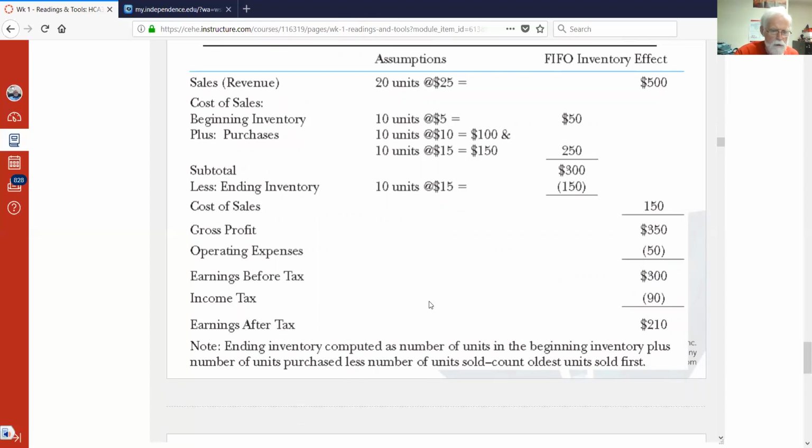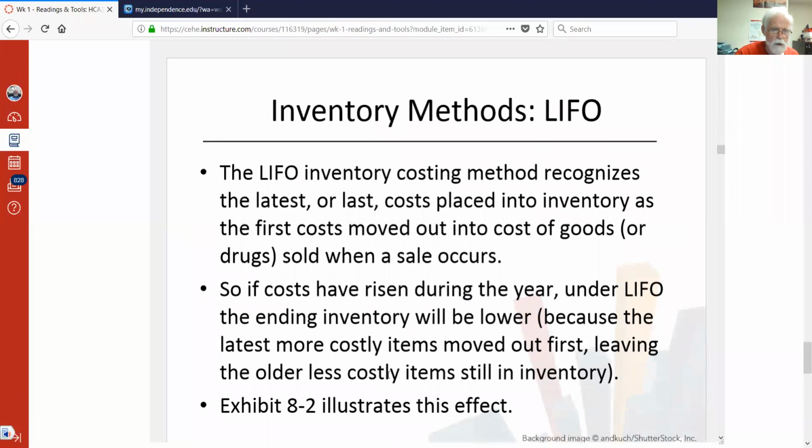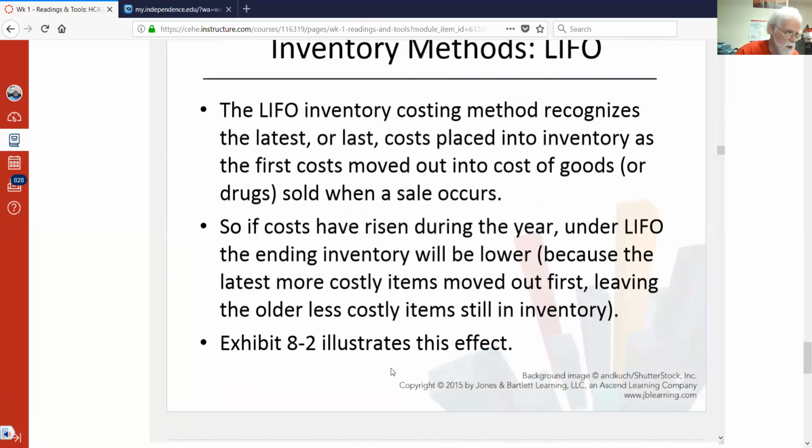Now, keep in mind that some things have expiration dates, so we can't always do last in, first out accounting, because theoretically, if you've got stuff that's been on your shelf past its lifetime, you can't sell it. You have to write that inventory off.